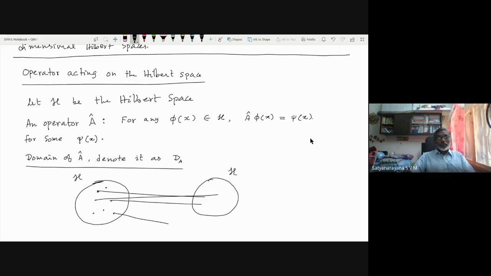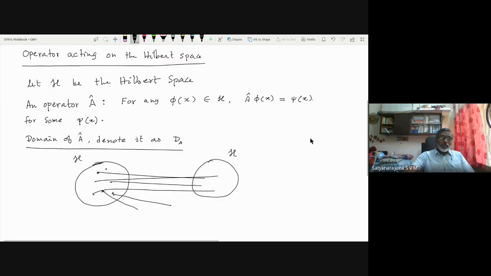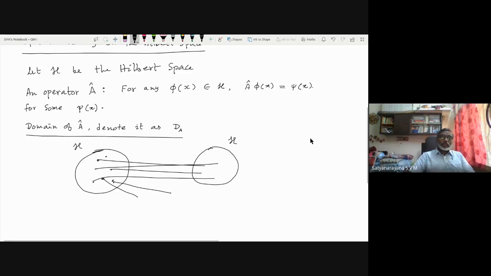but let's say some elements are taken out of this Hilbert space. That means these two elements are taken out. They are mapped to some functions which are not in H, and let's say this is also taken out.